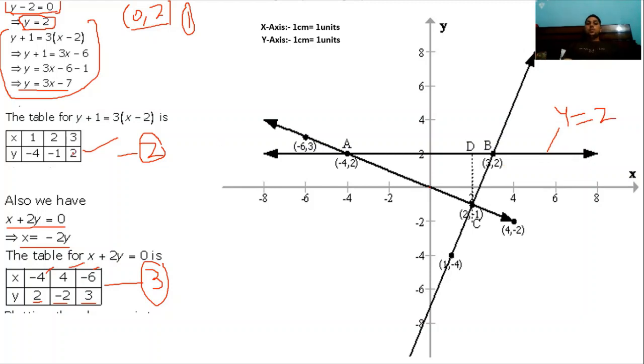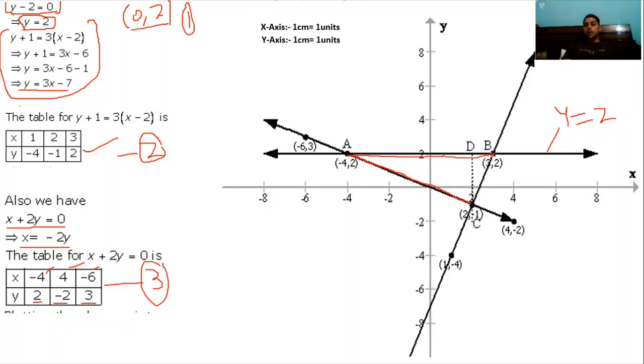Similarly, plotting these points, we get another line, and plotting these points, we get another line. Now joining these 3 lines, we get a figure like this, and this is a triangular figure.